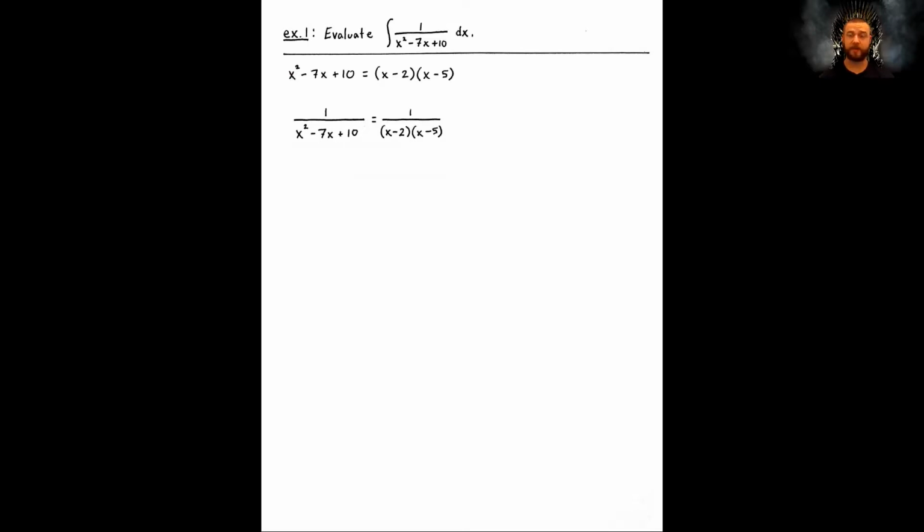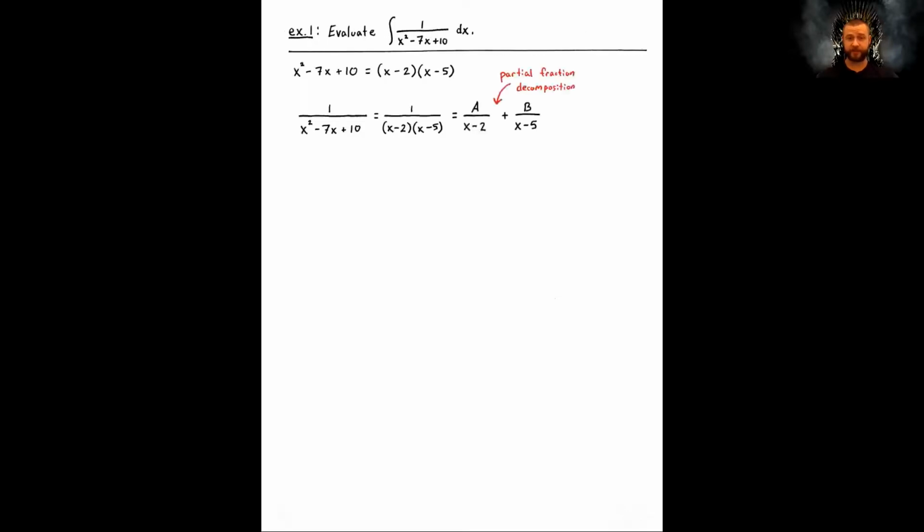So we're going to rewrite that original rational function with the factorization there. Now that we've fully factored our denominator, we notice we have two distinct linear factors. We can now perform a partial fraction decomposition, which is just writing out what the decomposition is.